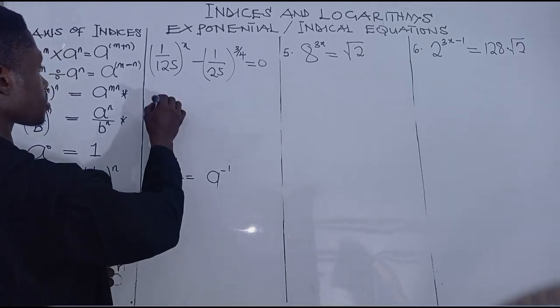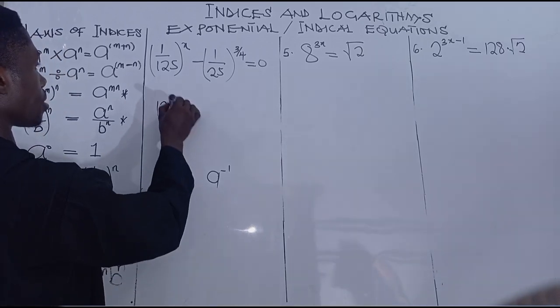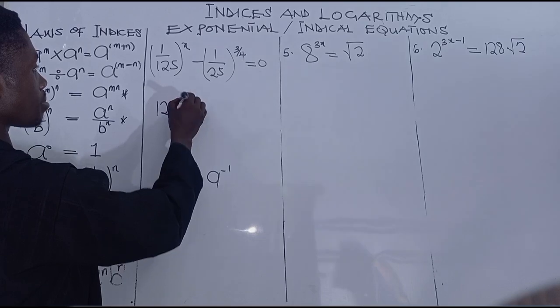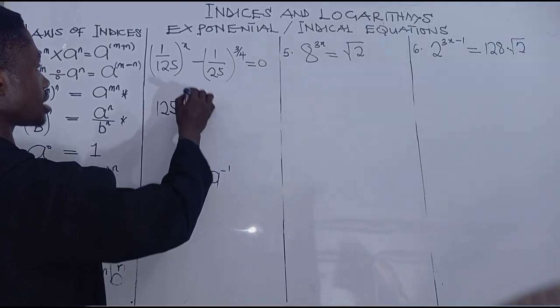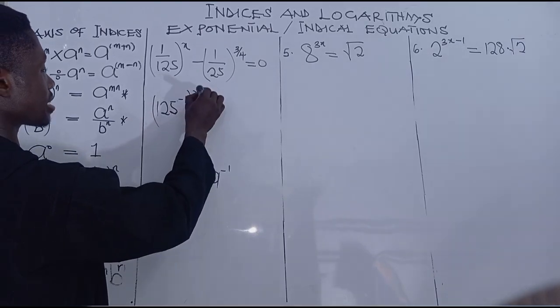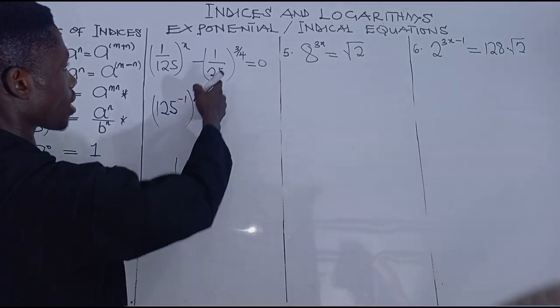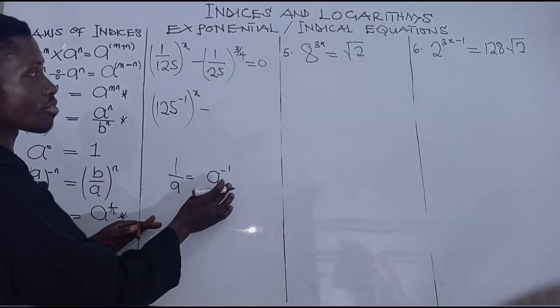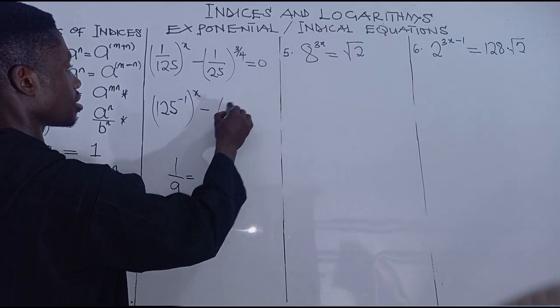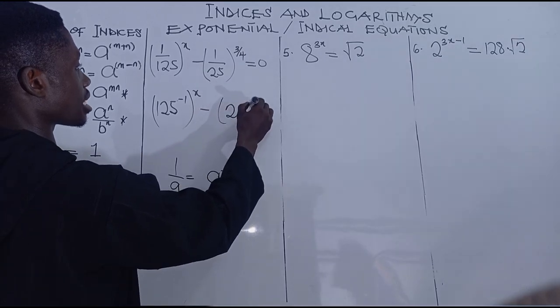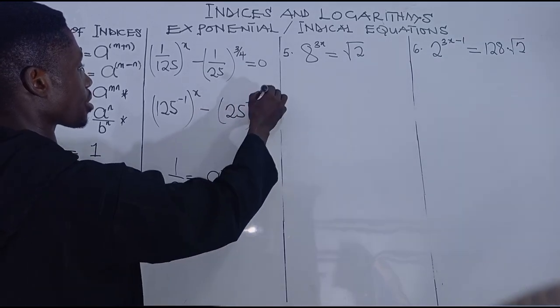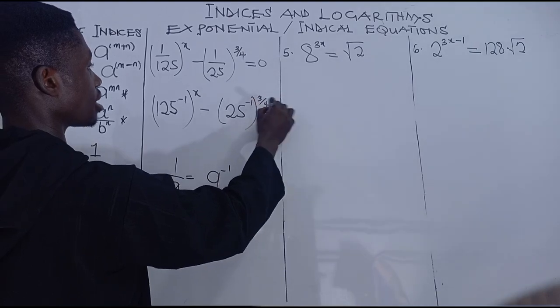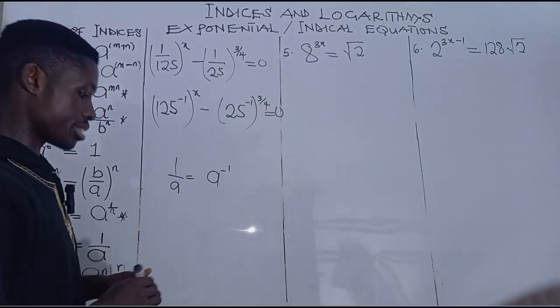So we are going to have 125 raised to the power negative 1 all raised to the power x, and then minus. We can also write this in this very form. So we have 25 raised to the power negative 1 all raised to the power 3 over 4, and that gives us 0.